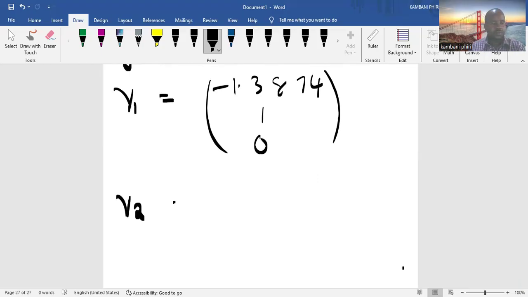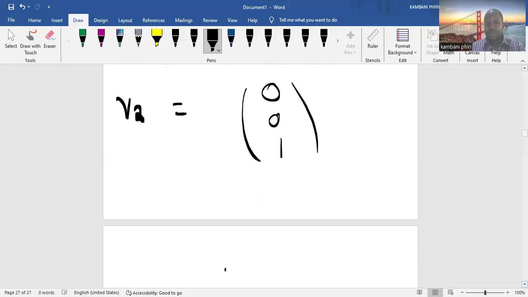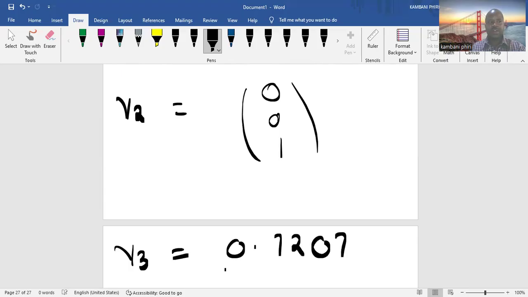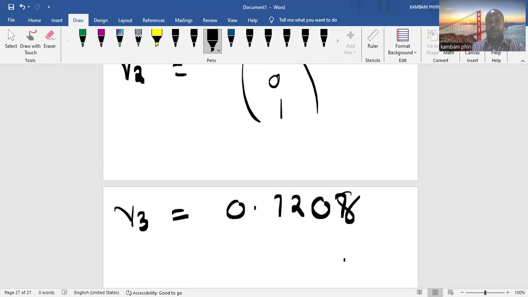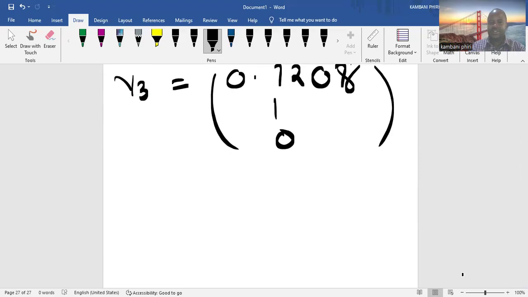V2 may come out to be this. V3, let me check what I got, 0.7207, yeah, maybe 0.8 when we round it off, 1, 0. Give it a try and see. You can comment and let me know what you're going to find.